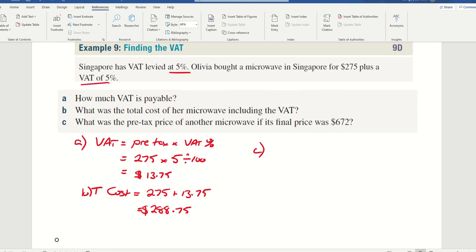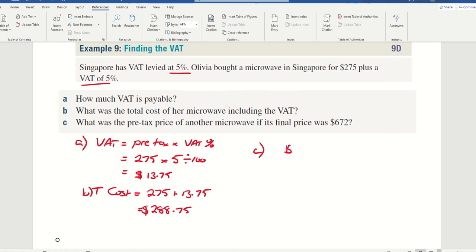Now the next one asks us for the pre-tax price of another microwave. The final price is $672. So remember, 672 is equal to 100% plus 5%, which is 105%.